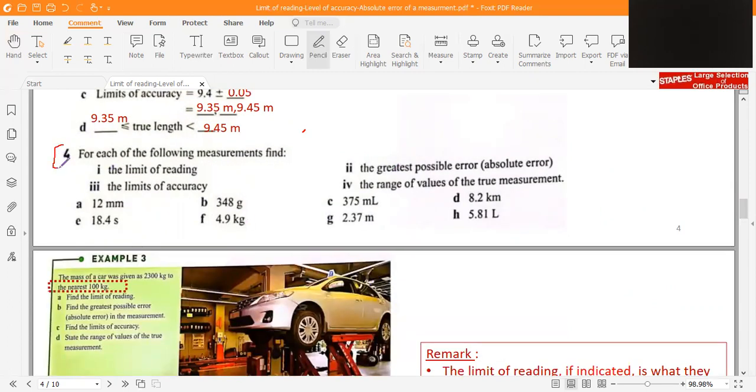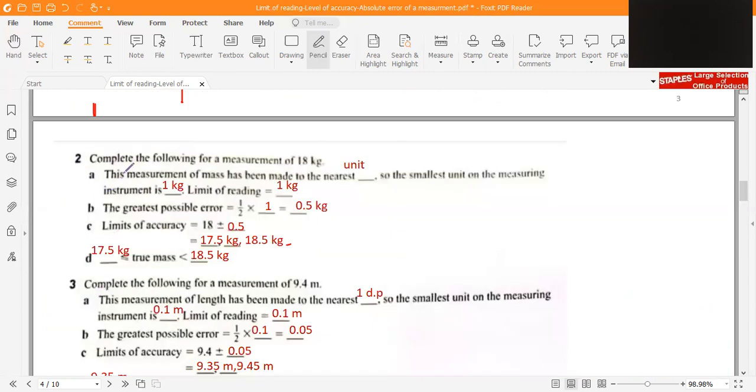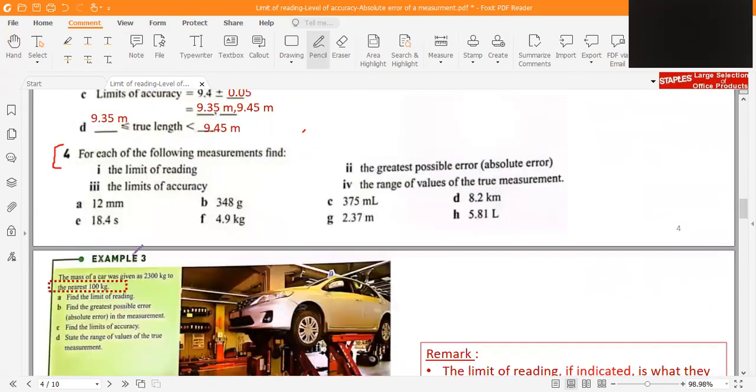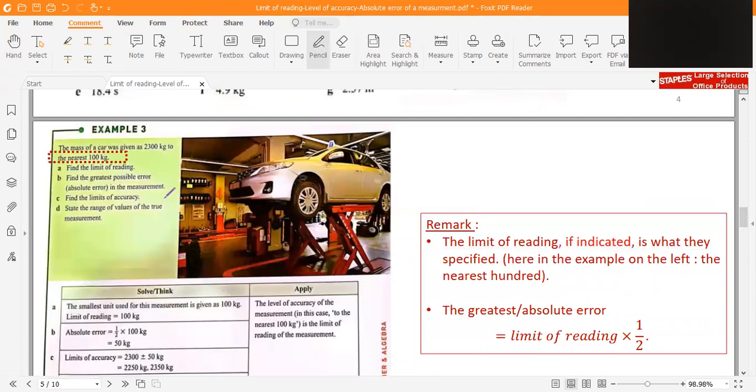Exercise 4 is similar to the exercises previously done. In example 3, we can see in the given that they specified the limit of reading. How?